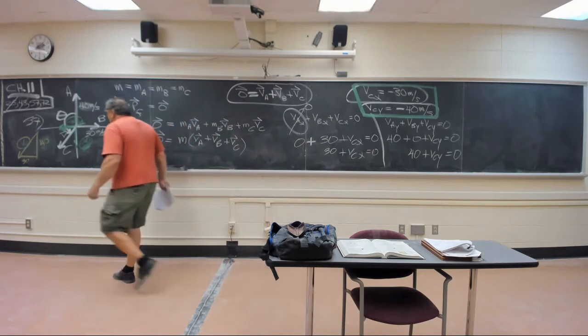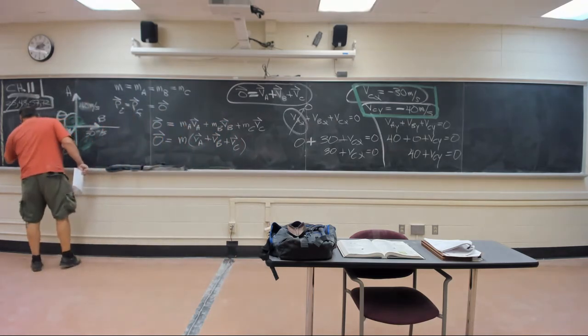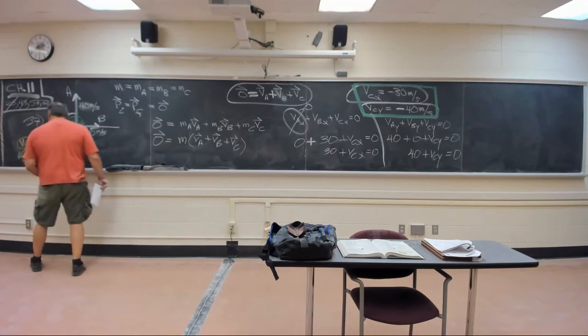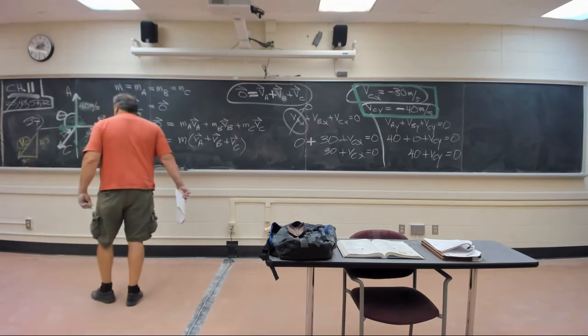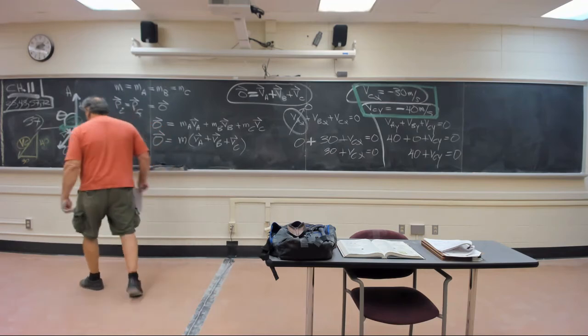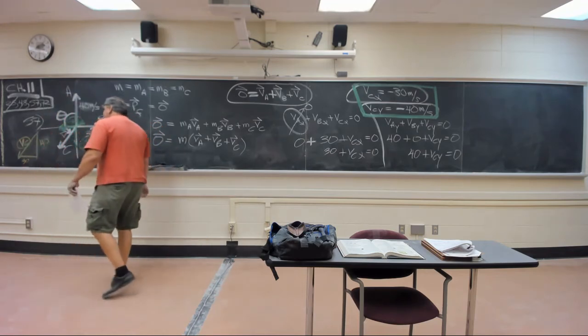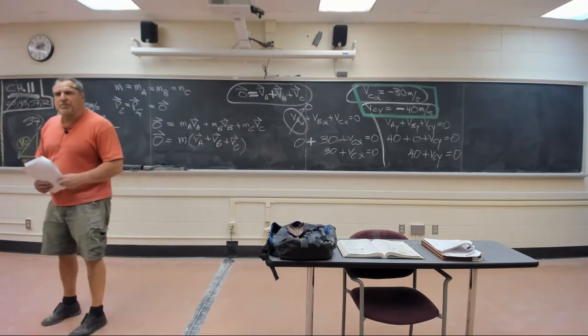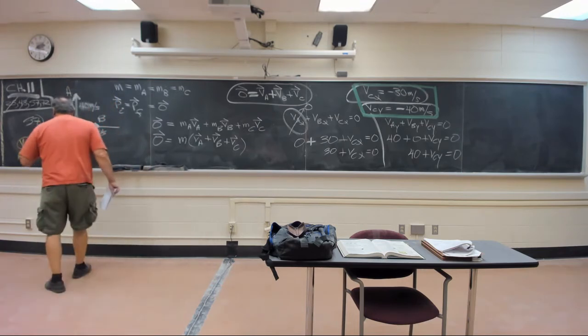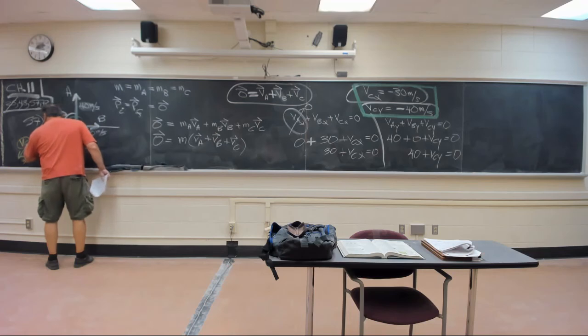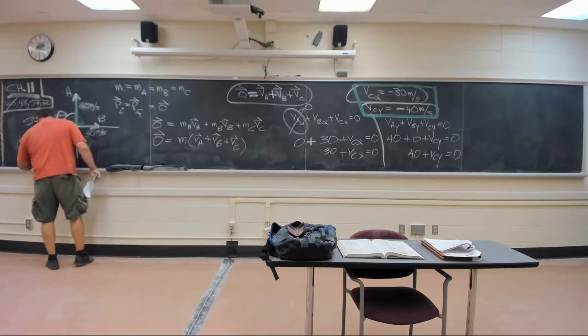Can you find the VC here? Forgive me, just the VC. V sub C. It doesn't look like a subscript, but that's a subscript. The rest is kind of a joke. The rest should be pretty straightforward, you guys. You can write another angle right here. You can call it phi if you want.